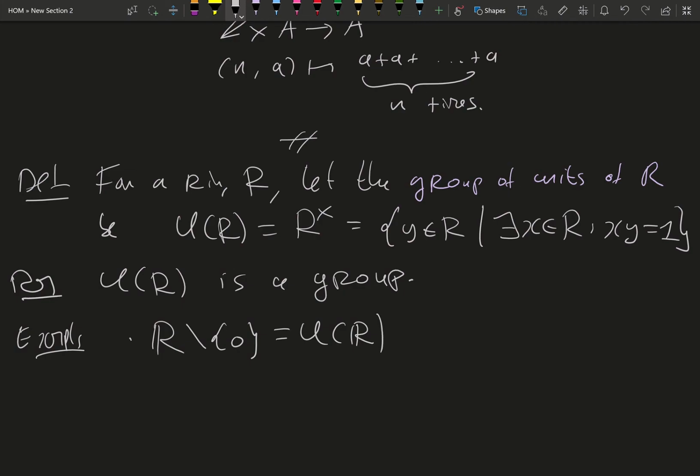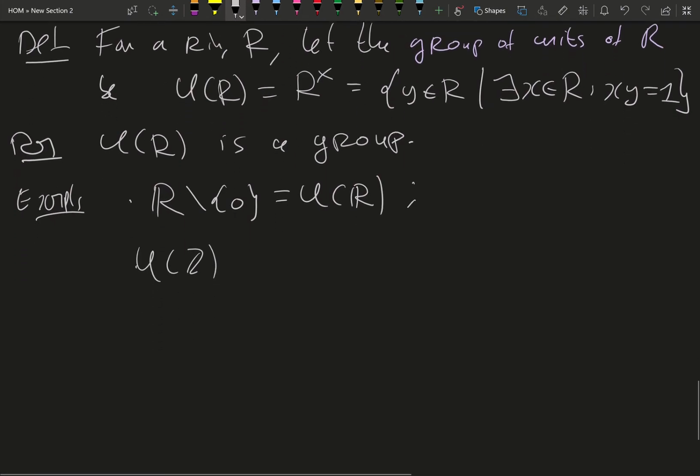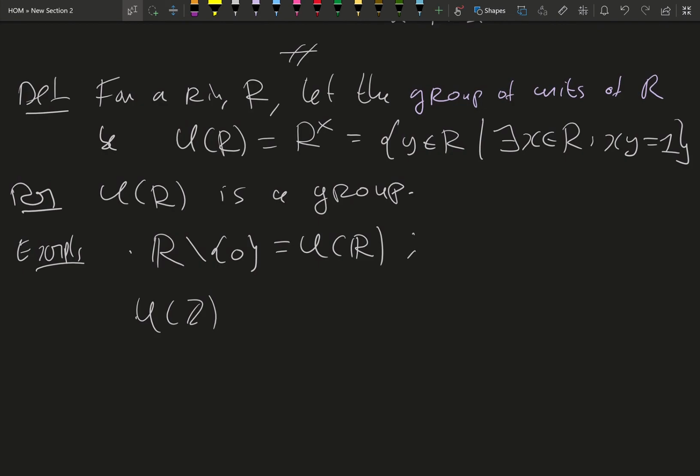And if, on the other hand, for Z, so what are the units in Z? That's an interesting question, because you can take, for example, so always 1 is in there, because 1 is always invertible, because 1 times 1 is 1. And also always minus 1 is in there, because minus 1 times minus 1 is 1. But now suppose that any x is in the units of Z, then we have a y in Z such that x times y is 1.